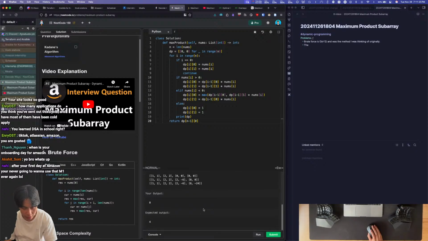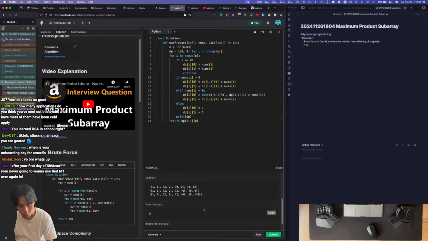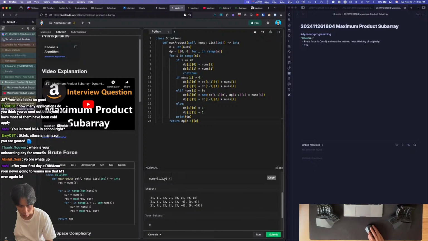Right, so the output is 8 when you expected 4. So does the 2 there make sense? Because you're saying you get a -3, it's better in this case to just keep 2. Yeah. And the minimum of this would be 6. Yeah.